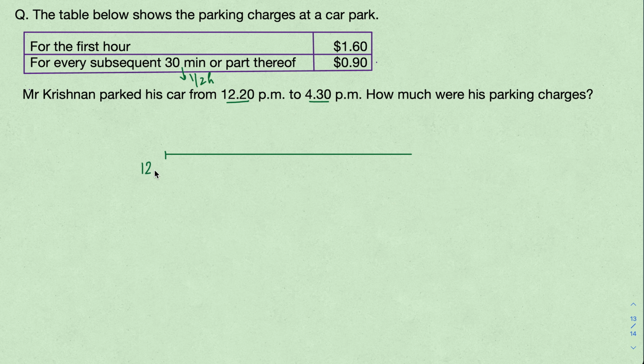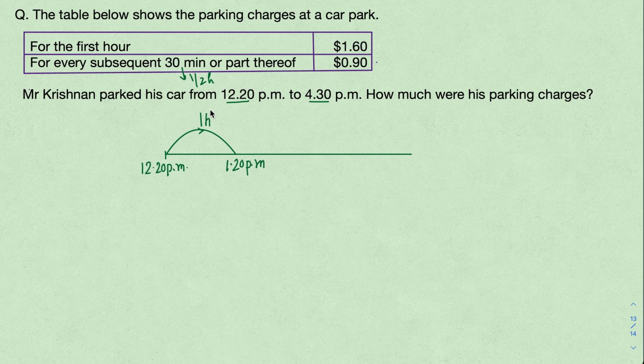We know it's 12:20 p.m. Since the charge for the first hour is $1.60, we straight away jump 1 hour. After 1 hour the time will be 1:20 p.m.